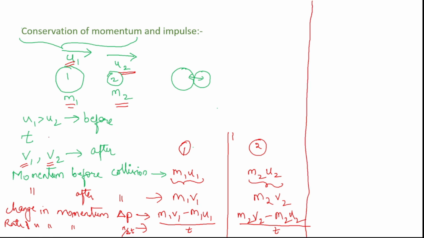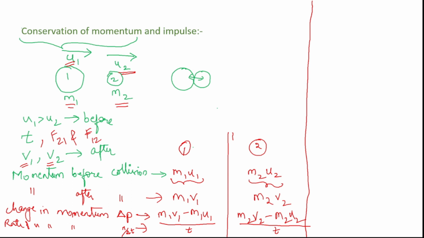Let us say the force exerted on object 2 by object 1 be F21, and the force exerted on object 1 by object 2 be F12. In our last class on Newton's third law, we learned that whenever an object exerts some force on another object, the second object will also exert some force on the first object, right?